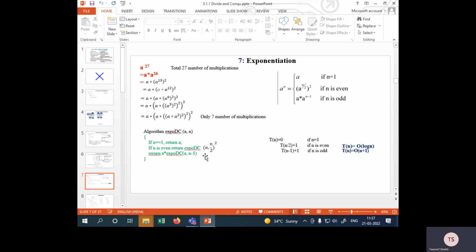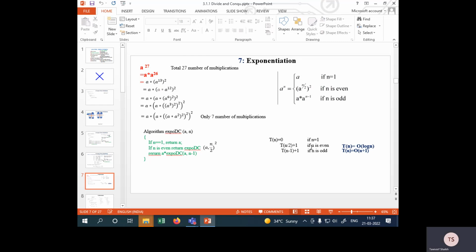And if we implement this algorithm like this way, it will give the same result which this a power 27 has given. So that means if n is equal to 1, t of n is equal to 0, some constant.